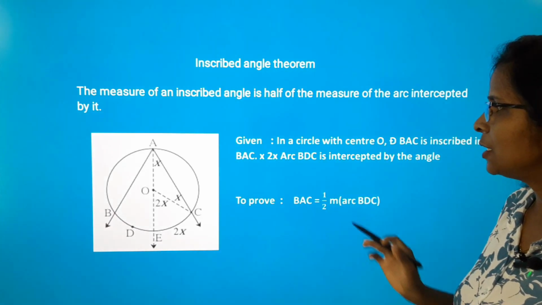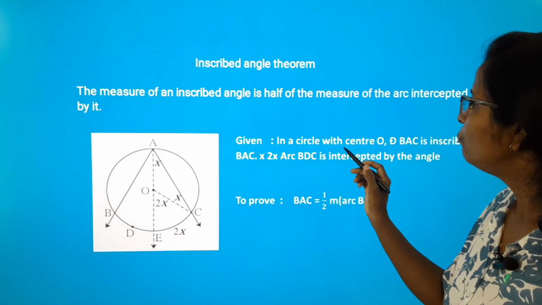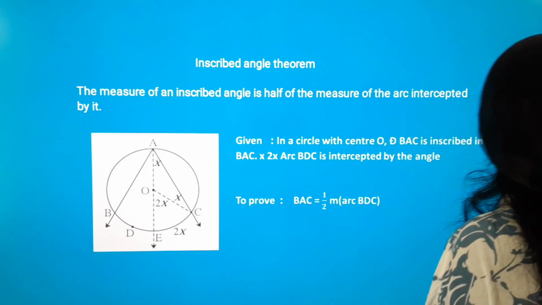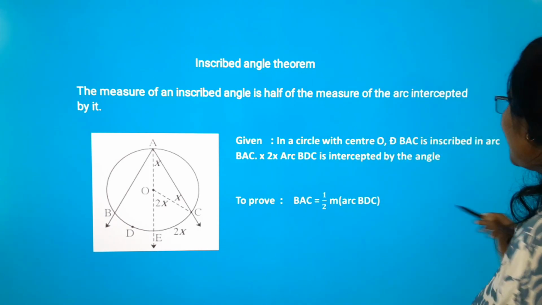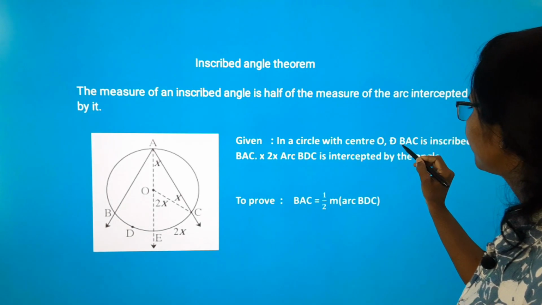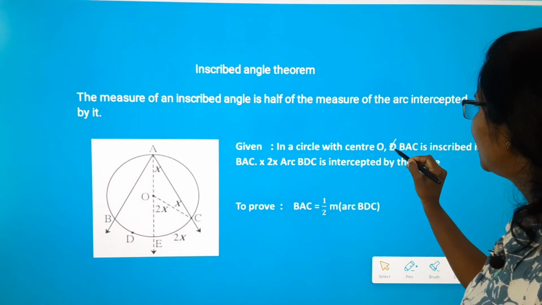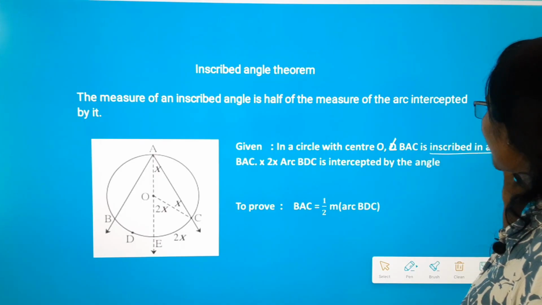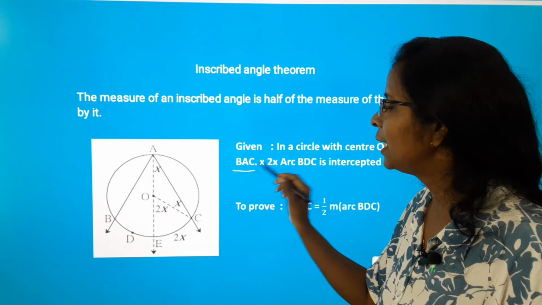Given: in a circle with center O, angle BAC is inscribed in arc BAC.